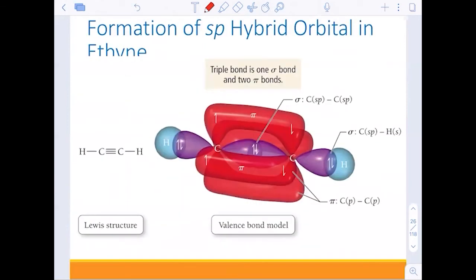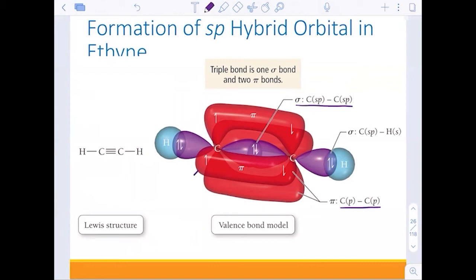I like this picture because I think it helps emphasize the triple bond itself. So when we look at this triple bond, we see that the purple in the middle is the sigma bond. It's the sigma direct overlap of the sp carbon to the other sp carbon. And then when we look at the pi's, notice how the pi overlap is perpendicular to each other.